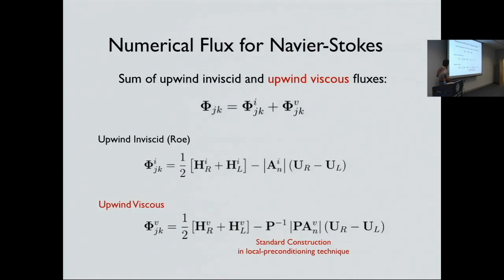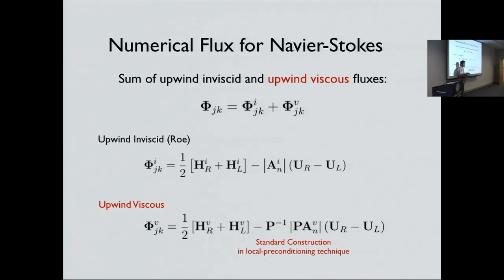The numerical flux is actually simple. Like many people do, you have the inviscid flux, you add the viscous flux. The only difference is my viscous flux is upwind. So in this part, I use both inviscid flux and upwind viscous flux. I construct the dissipation term this way, but there's nothing new here.